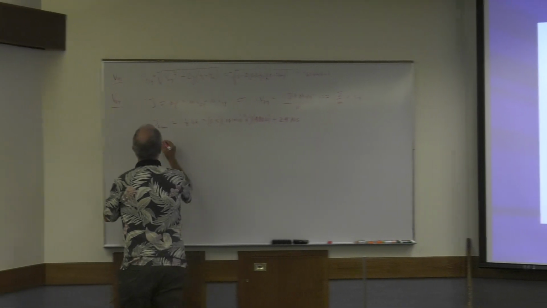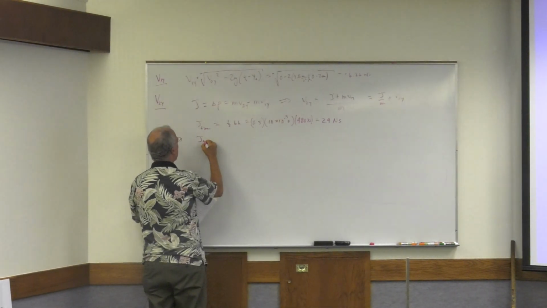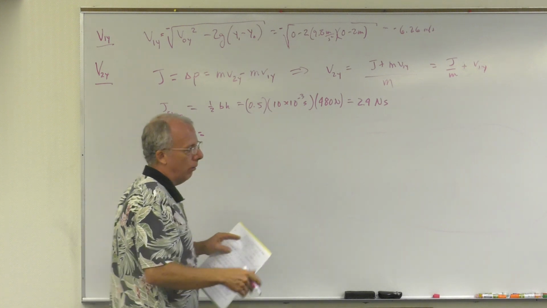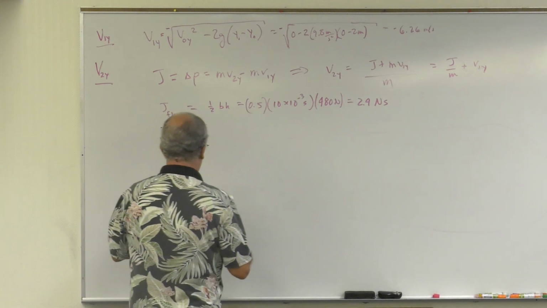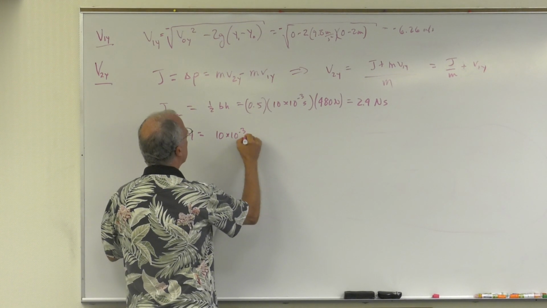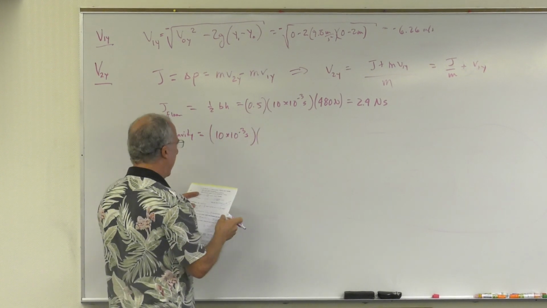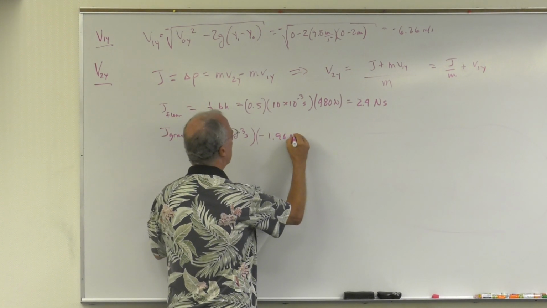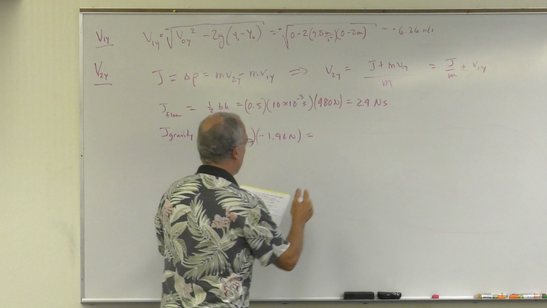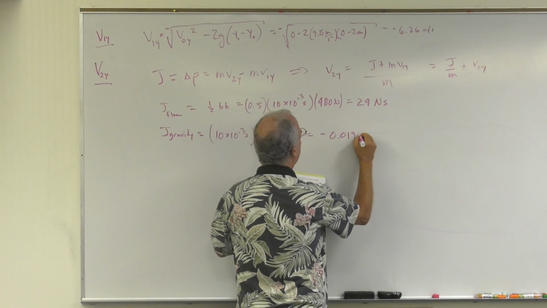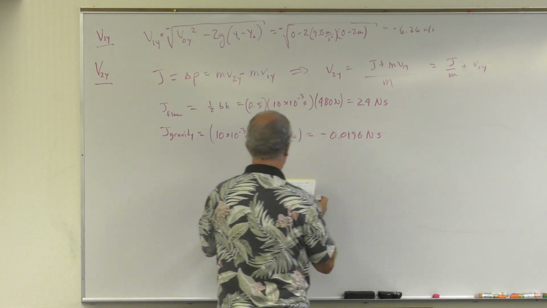Okay, so J gravity is just a rectangle, length times width. So it's 10 milliseconds, 10 times 10 to the minus 3 seconds, and the force is minus 1.96 newtons. And you get minus 0.0196 newton seconds.